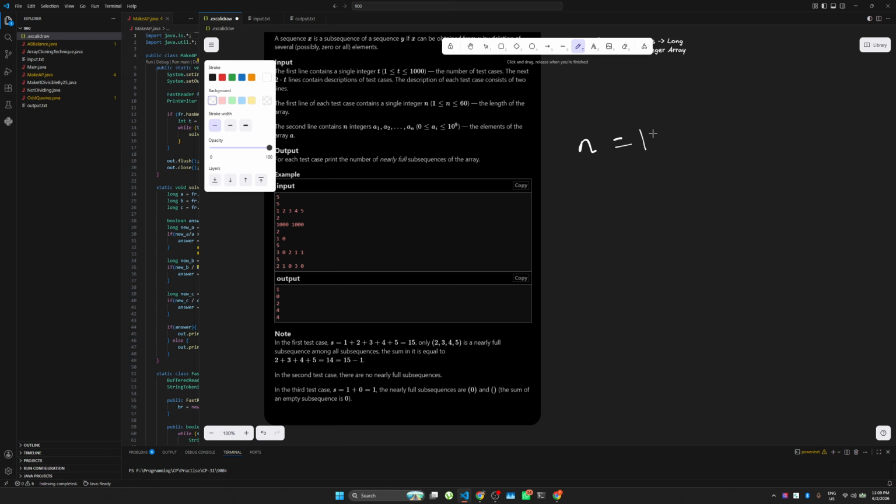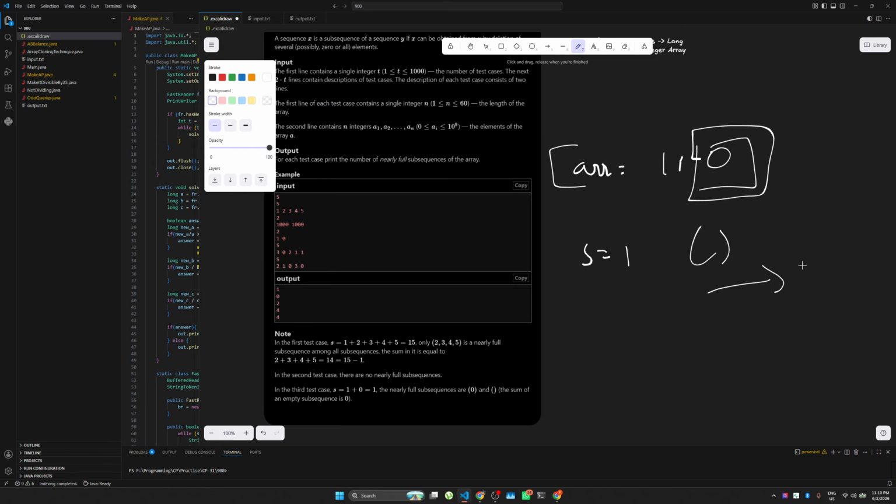So the array is 1 comma 0. Something like that. Now what is our S? S is 1. Now do we have a subsequence? Obviously we have 1 over here, and then empty is also one subsequence.